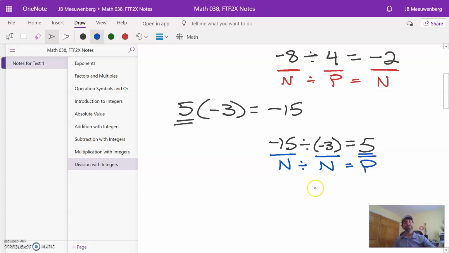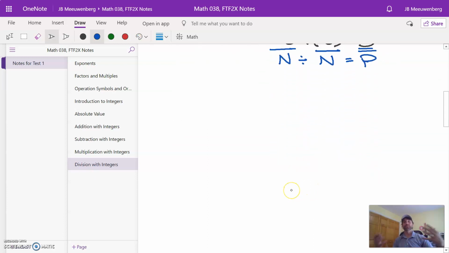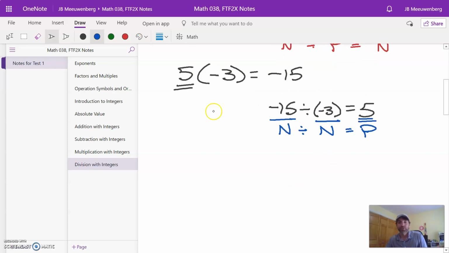And the thing you're going to start to see is that when you have multiple numbers multiplied together, or more than 2 numbers, like 3, 4, 5 numbers divided, so if we have a lot of things multiplied or divided, if there are an even number of negatives, multiples of 2, they're going to cancel out, and it's always going to be positive, just like we saw right here.